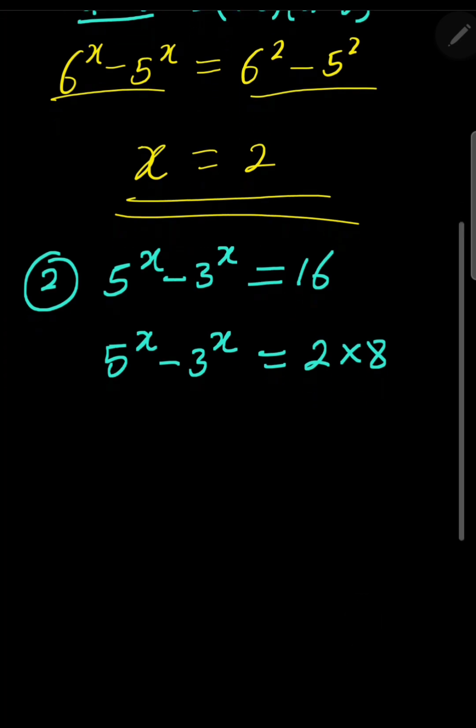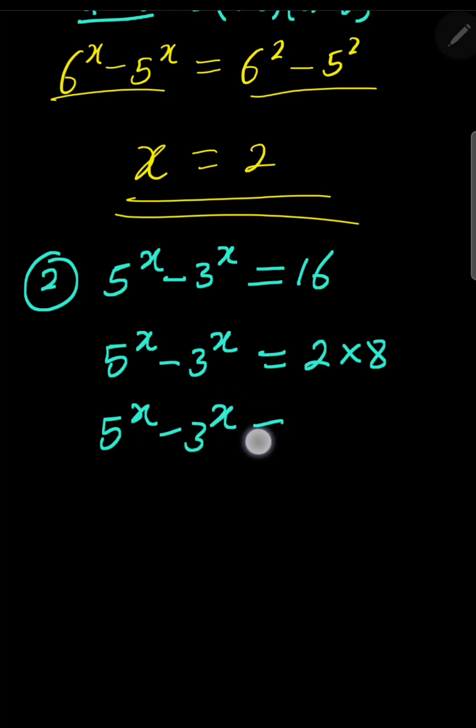So the next thing we're going to do is to try to make sure that this right hand side is in the same format with the left hand side, right? So we'll rewrite the left hand side, which is 5 raised to the power of x minus 3 raised to the power of x, which is going to be equal to 2, can also be written as, what you're going to observe is 5 and 3. Can we write 5 and 3 to give us 2 and at the same time to give us 8?